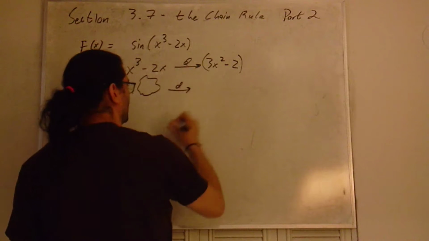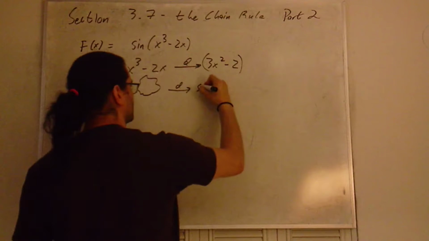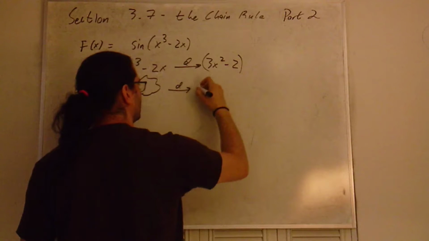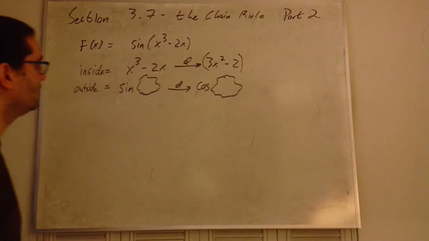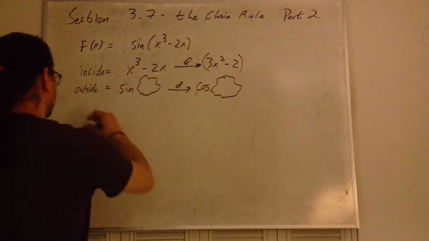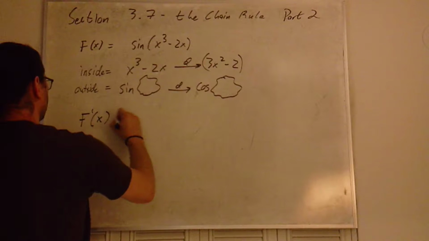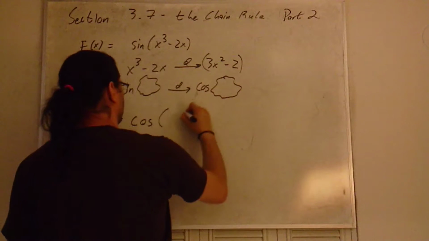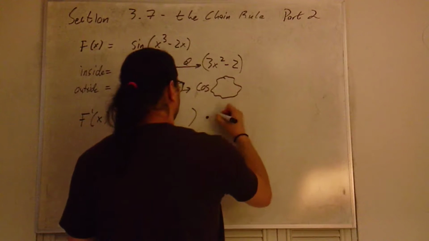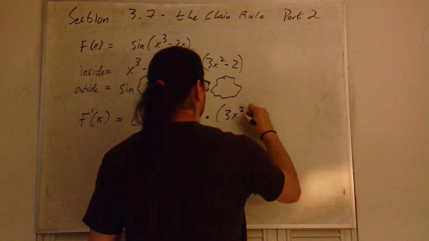The derivative of sine is cosine of the blob. And then to get the derivative of the whole thing, we just multiply these two things together. Cosine something times 3x squared minus 2.